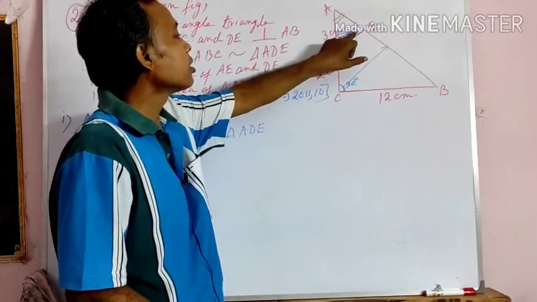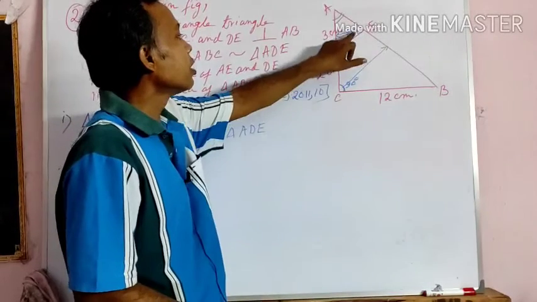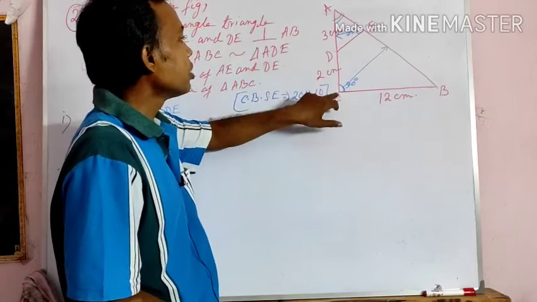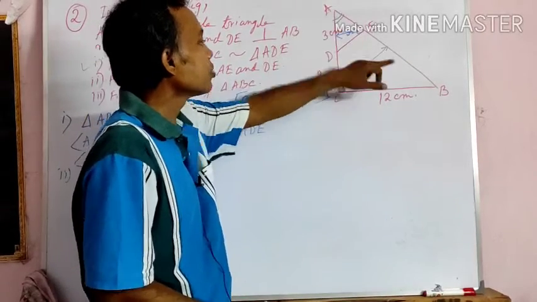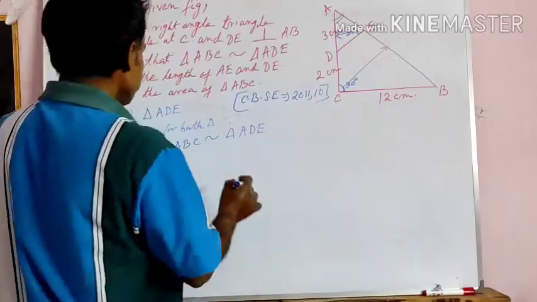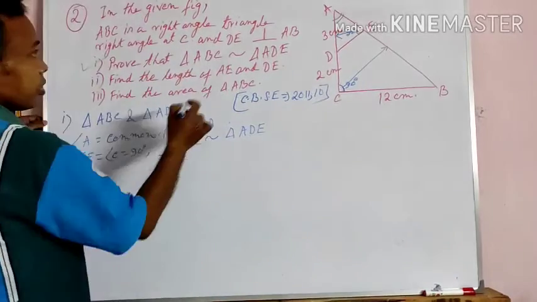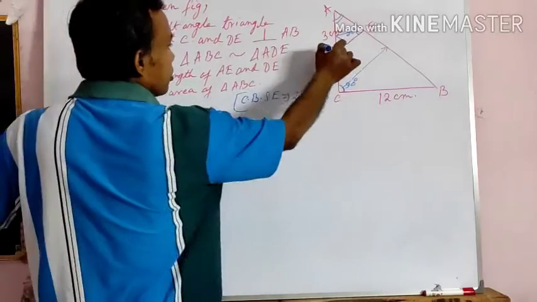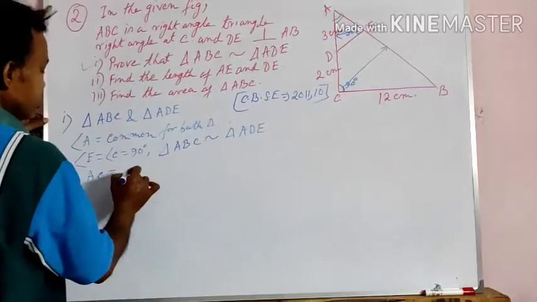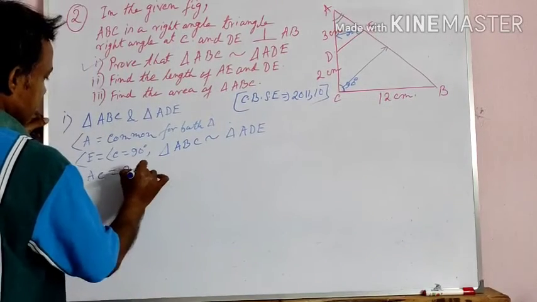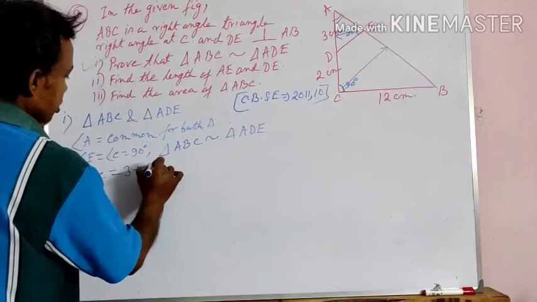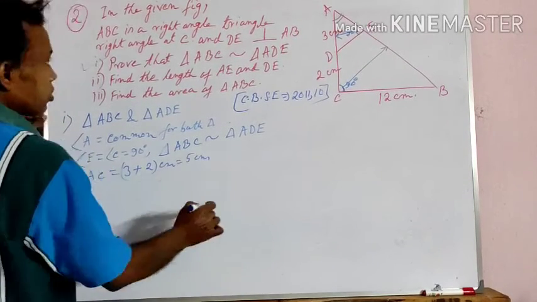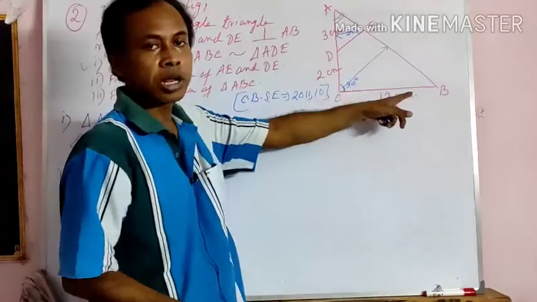Here AD is equal to 3 cm. Here AC is equal to AD plus DC, that is 3 plus 2, which is 5 cm. So ABC is a right angle triangle.